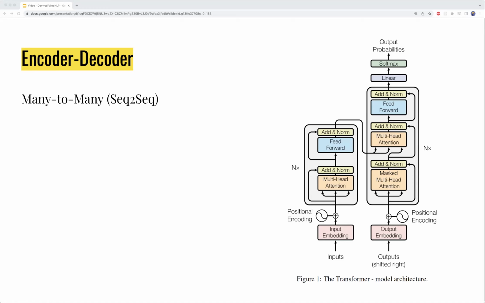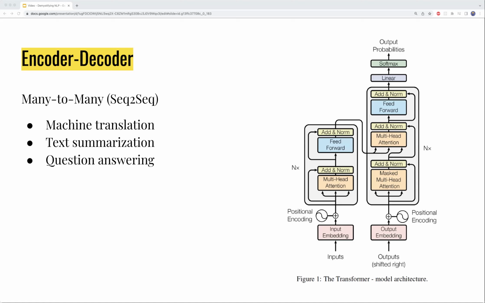So they tend to be good for tasks like machine translation, text summarization, and question answering, tasks that take a sequence for both the input and the output. And examples for encoder-decoder transformers would be T5 and BART. Just be careful, BART here is different from BERT, which we'll talk about next.